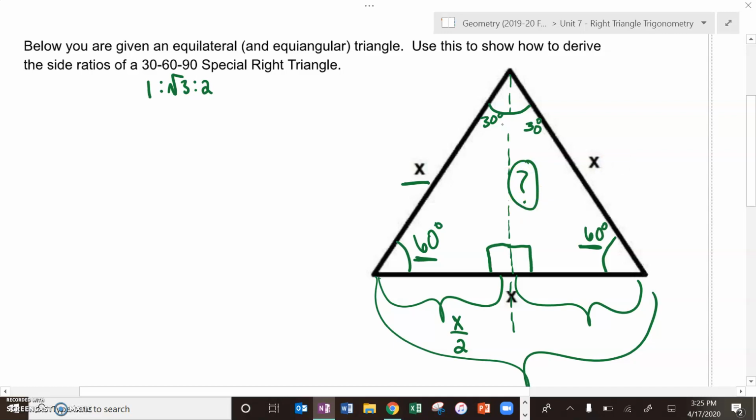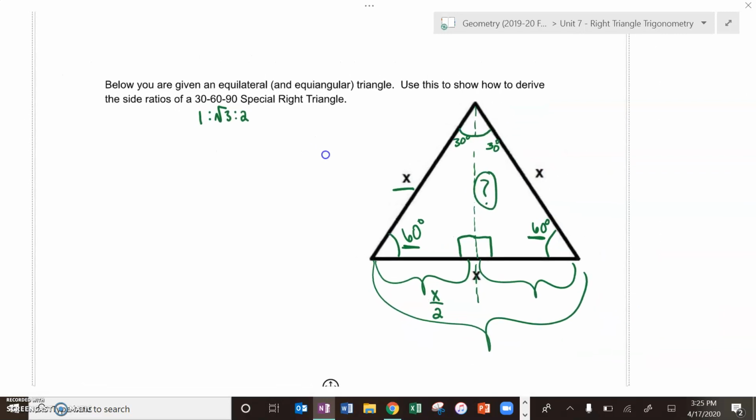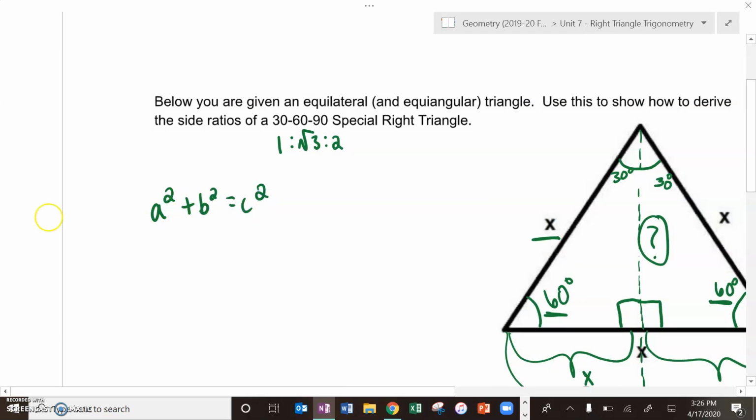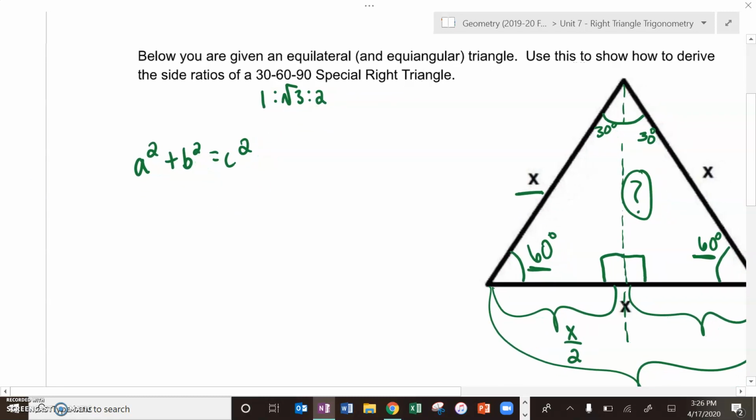And to find the side, we are going to use the Pythagorean theorem. So I'm going to write the Pythagorean theorem out, and it is a squared plus b squared equals c squared. So we're going to plug in (x over 2) squared for a squared, plus b squared equals c squared, because our c squared is the hypotenuse, and we know that.